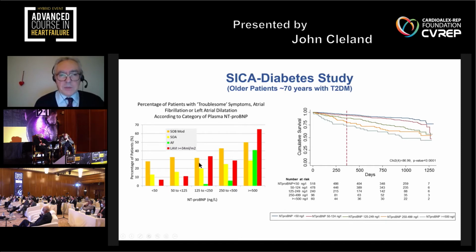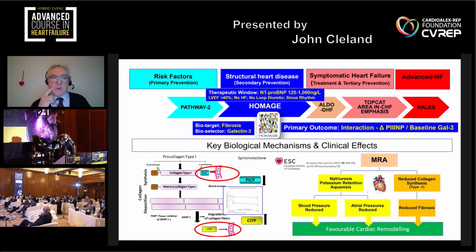So basically, these patients are in heart failure. They just don't have a diagnosis of heart failure. And we need to shift the diagnostic threshold down to this level, I think, if we're going to try and alter the outcome for these patients. And we're beginning to do that.